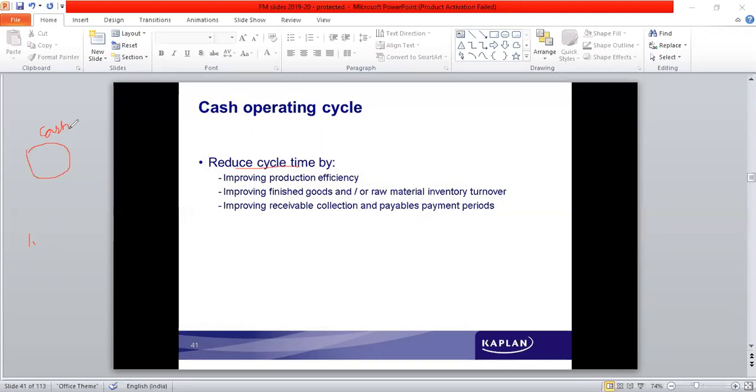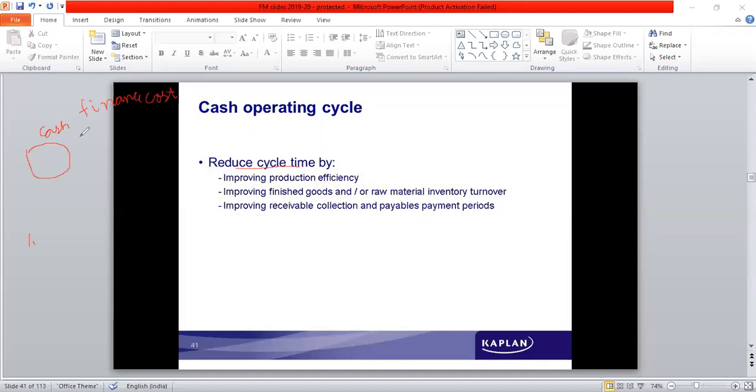So the funds are raised, on which there is finance cost, the cost of capital, which has to be paid. If the period is longer, the cost also will increase by that amount. As many days as it extends, the finance cost will be higher by that amount.